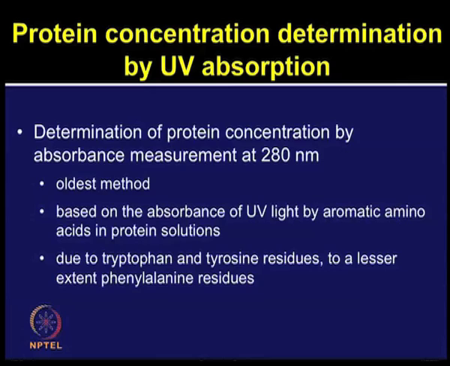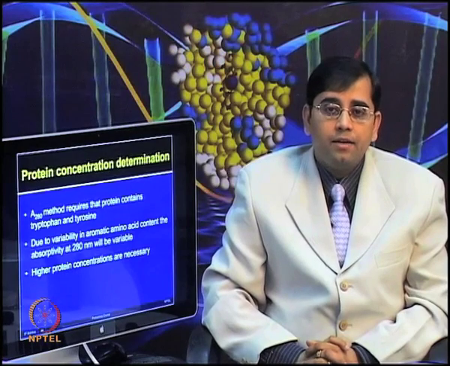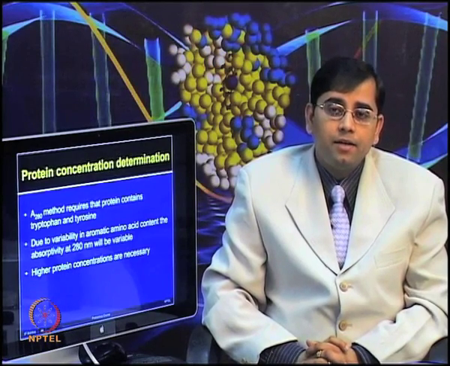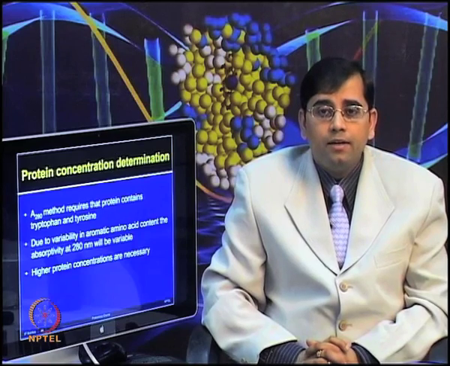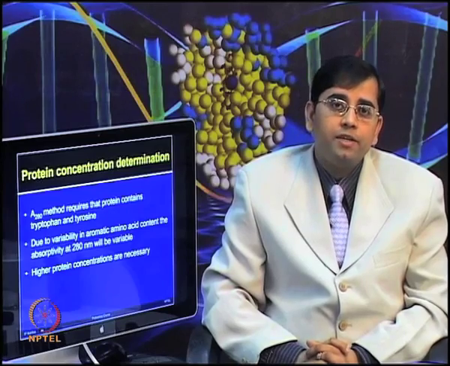Phenylalanine is also an aromatic amino acid, but to a lesser extent it is responsible for this absorbance. So, to determine the protein concentration by the A280 method requires that your protein contains tryptophan and tyrosine aromatic residues.